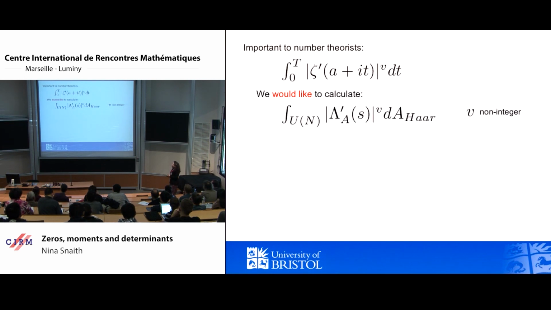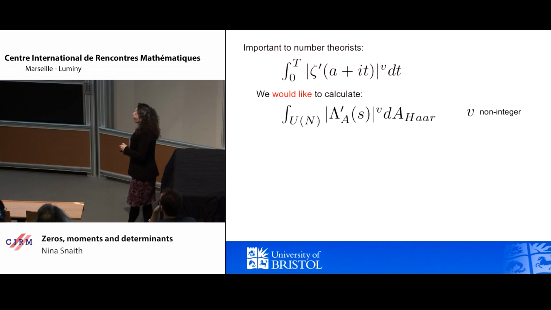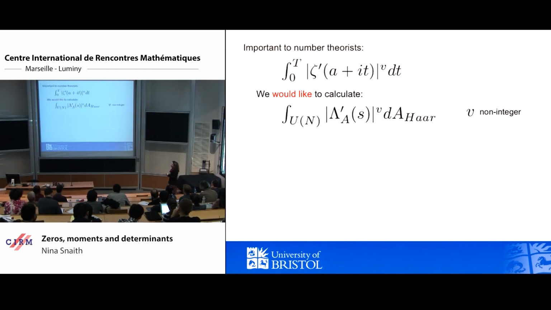That's the quantity the number theorists would like to calculate. The equivalent quantity in random matrix theory, which we think is maybe an easier calculation and could shed some light on the number theory case, would be this calculation here: the derivative of the characteristic polynomial at some value of s, maybe just inside the unit circle, raised to some power that we would like to be non-integer, and then averaging over U(N).